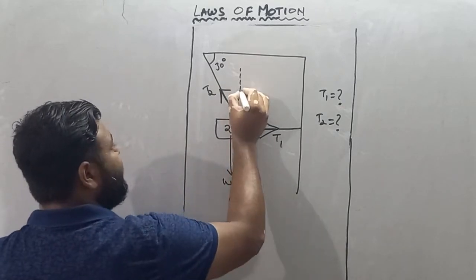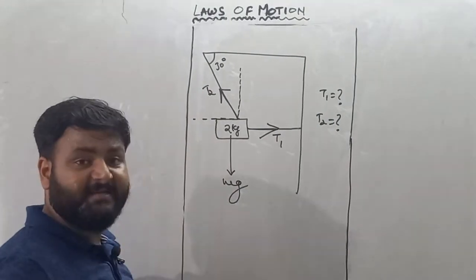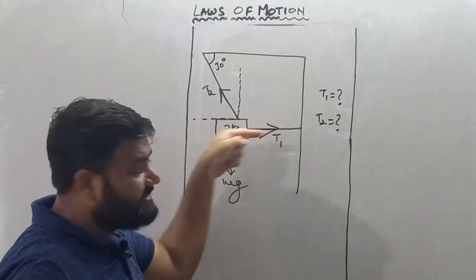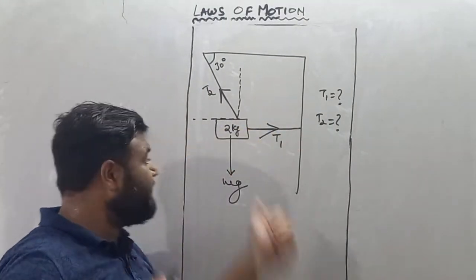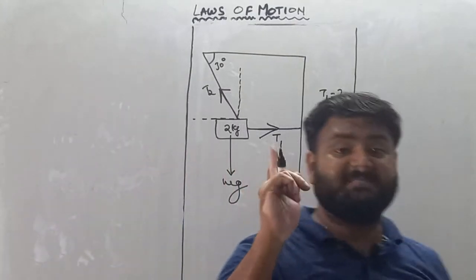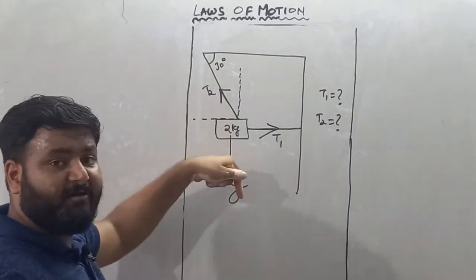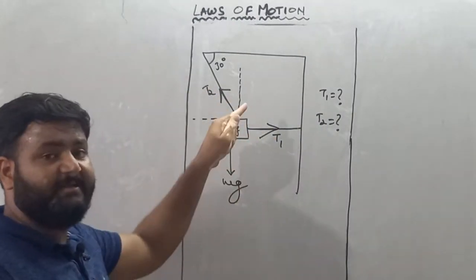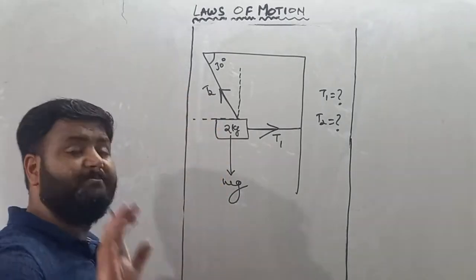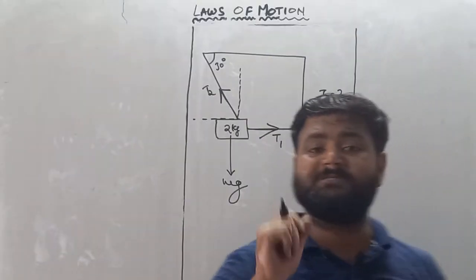Now the system is in equilibrium. So T1 is in this direction, so there must be a force in this direction which will counter T1. Then only the system is in equilibrium. Similarly, if one force is vertically downward and the system is in equilibrium, this mg must be countered by a force equal in magnitude but opposite in direction.